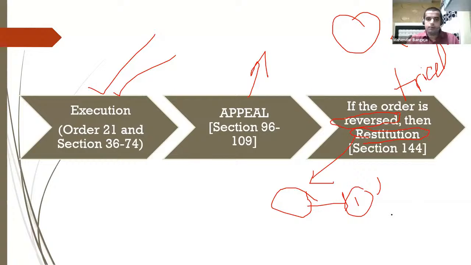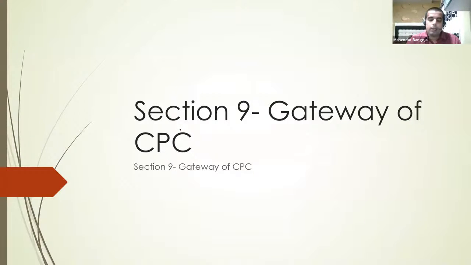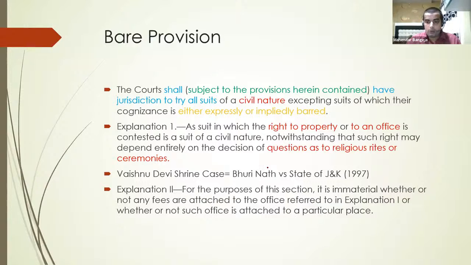No issues? Okay. Now let's start with section 9, which is the gateway of CPC. Basically, CPC begins at section 9, I would say, because it acknowledges the power of civil court to try cases of civil nature. Now, I want you guys to read along with me. This is the bare provision, and it goes like this.